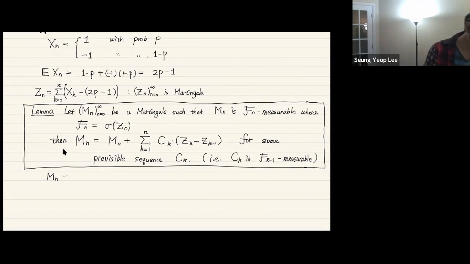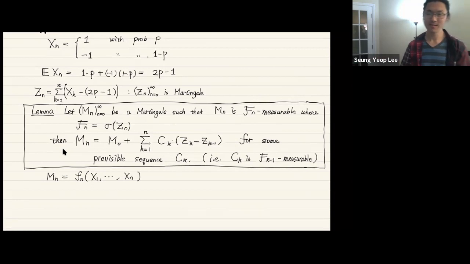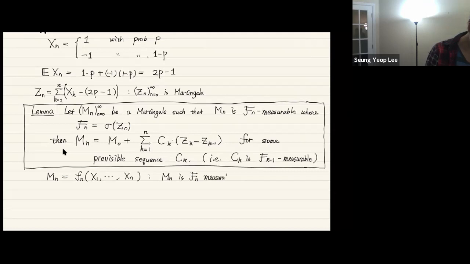So Mn will be a certain function of x1 to xn, where capital X1 to Xn are random variables, and that's the meaning of Mn being Fn measurable. So there exists a certain function.